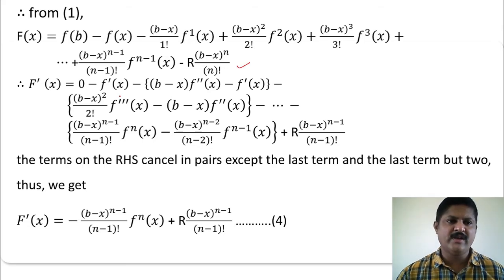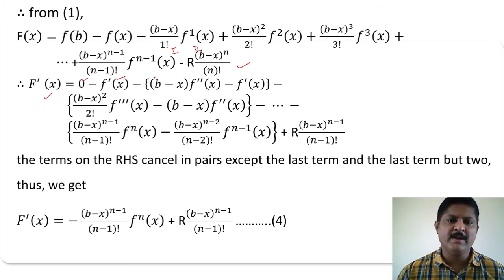Differentiate f of x with respect to x, we get capital F dash of x equals f of b is a constant, differentiation is 0, minus the differentiation of f of x is f dash of x, minus is there, keep as it is. Here we use the product rule, first function into second function. Here the first function is (b minus x) divided by 1 factorial, second function is f dash of x.